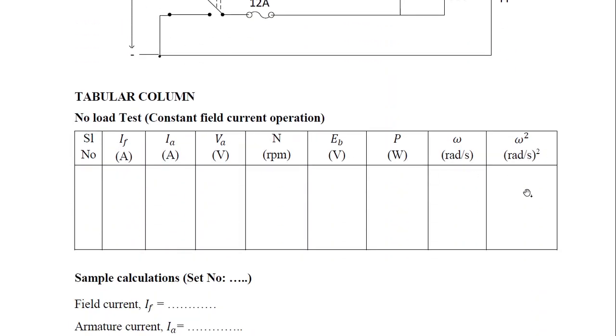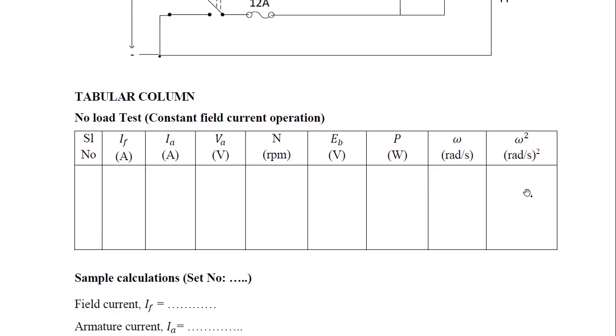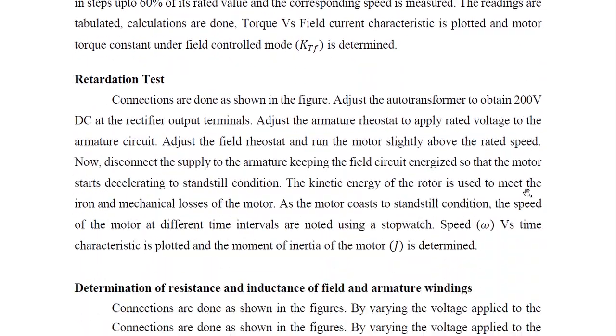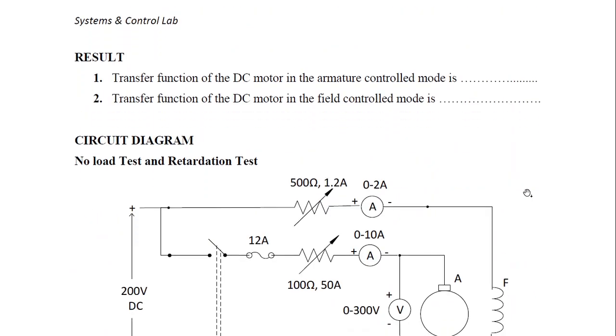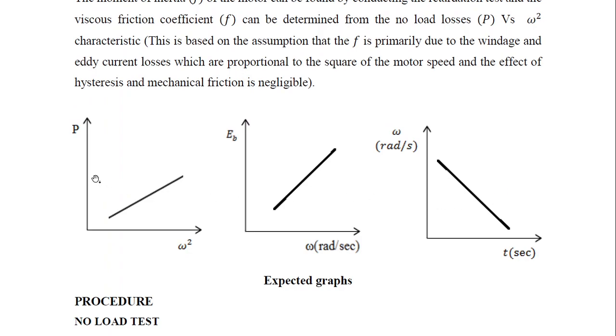Then omega square, so take the square of that. After filling all these columns, you have to draw the graph, P versus omega square.